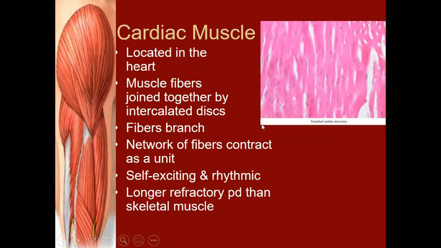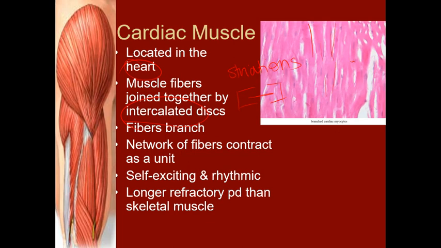Cardiac muscle is only found in one place: the heart. It does have striations, so we do see striations here. You have that more organized structure of the muscle fiber in there. Remember, we have intercalated discs that divide the muscle fibers. You also see this branching going on in a much more branched fashion.